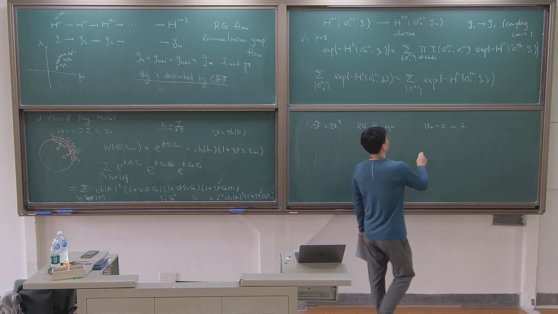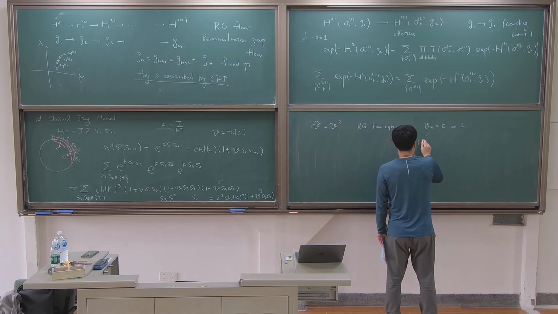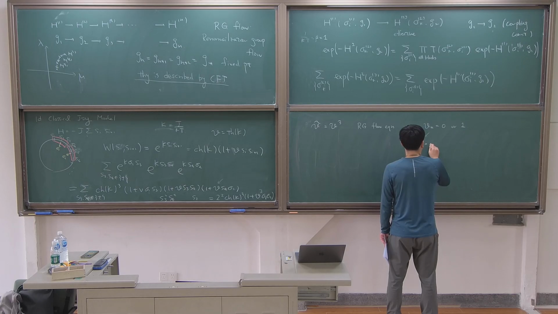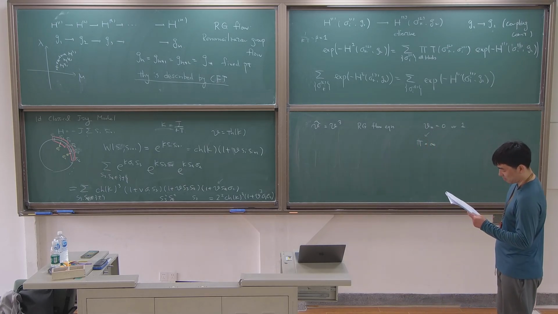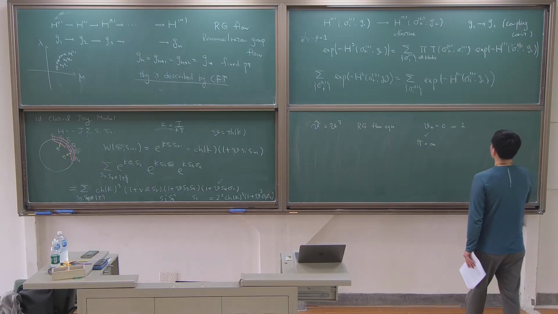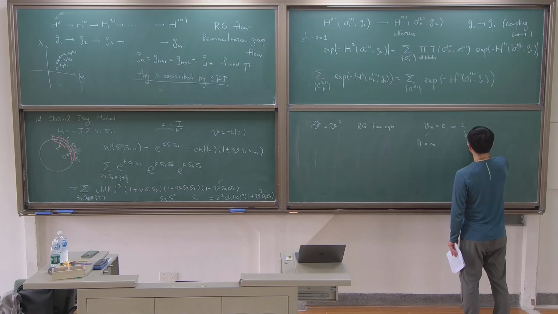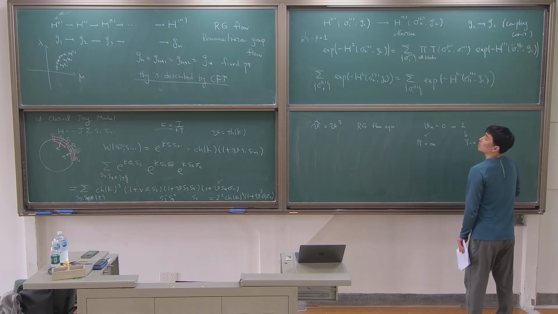Essentially this means the temperature is 0. No, temperature is infinity. Okay, sorry. B equal to 0 means the high temperature, and this means T is equal to 0 for temperature. Right?